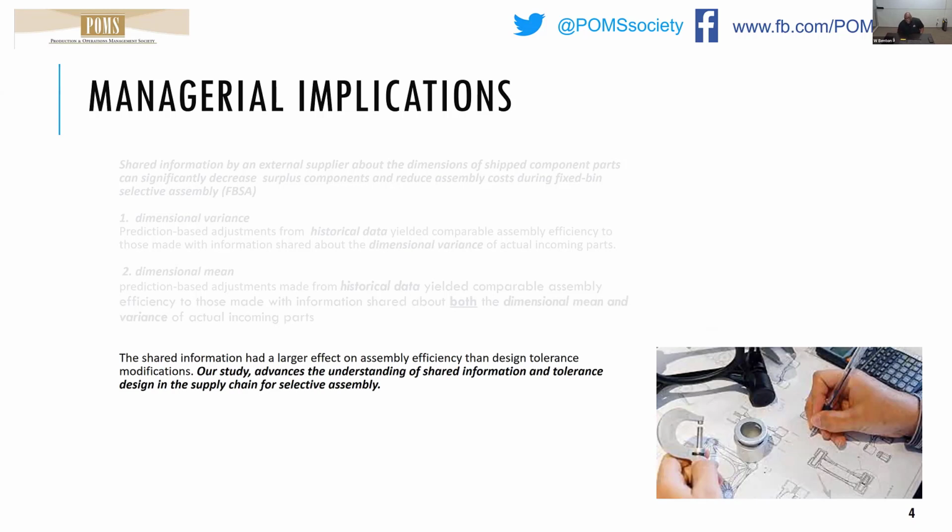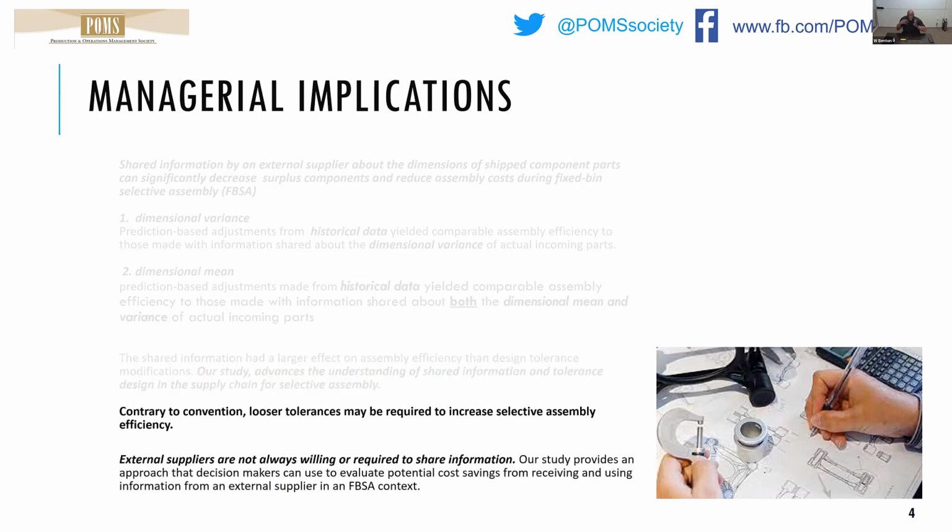Our study advances the understanding of shared information and tolerance design in the supply chain for selective assembly. Contrary to convention, looser tolerances may be required to increase selective assembly efficiency.